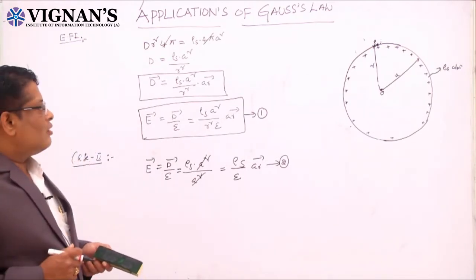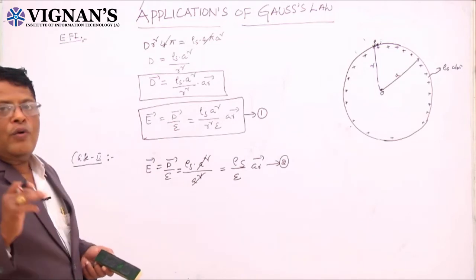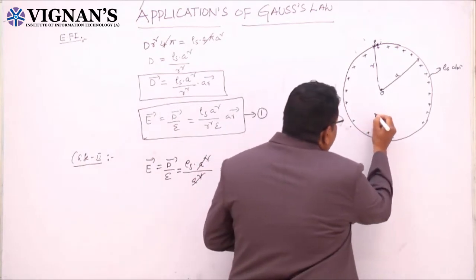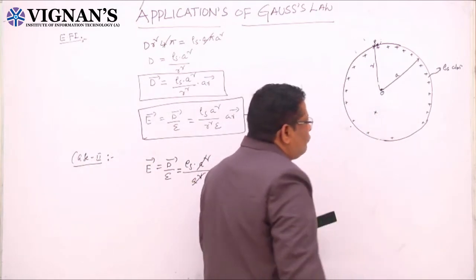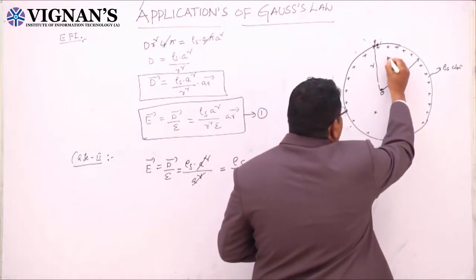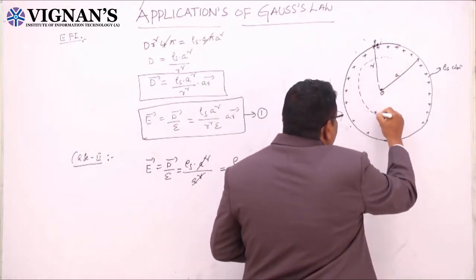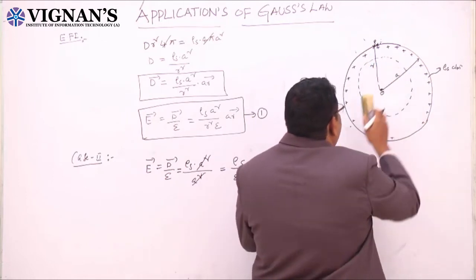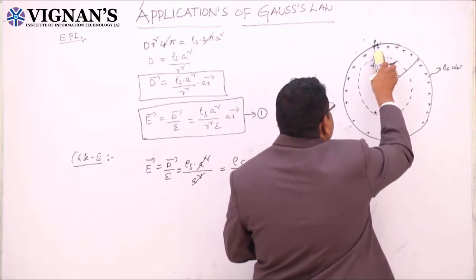In third case, now we want to find out what is the electric field intensity inside of the shell. Now we are taking the point here. Now we select a Gaussian surface as a sphere which is passing through the point P where we have to find out the electric field intensity.